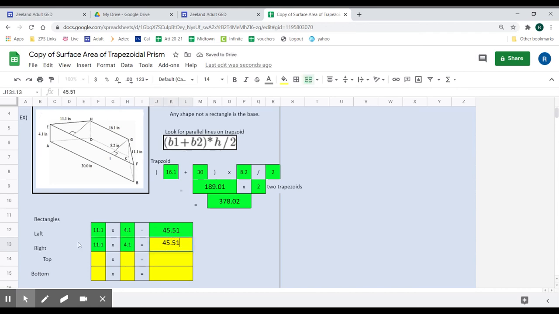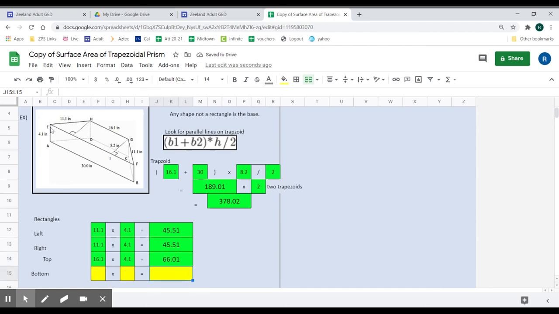And then the top, so that's this shape here, would be the top of the trapezoidal prism. So 16.1 by 4.1, and that'll give you 66.01, sorry.